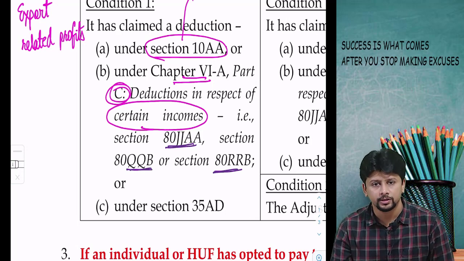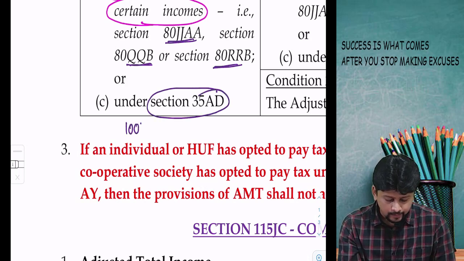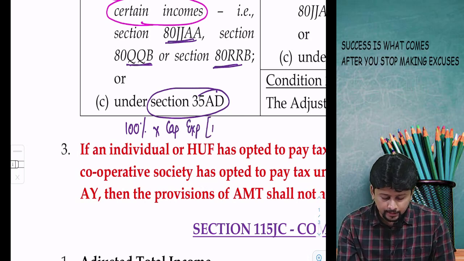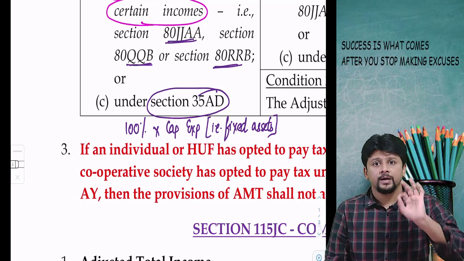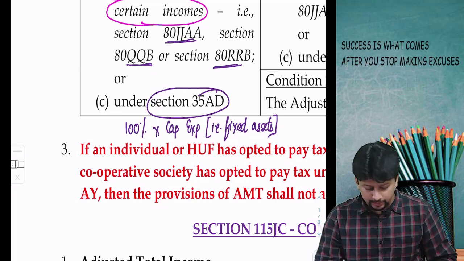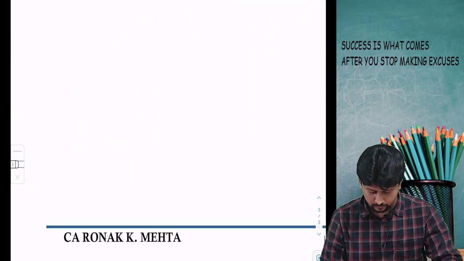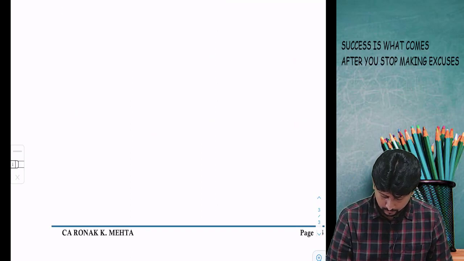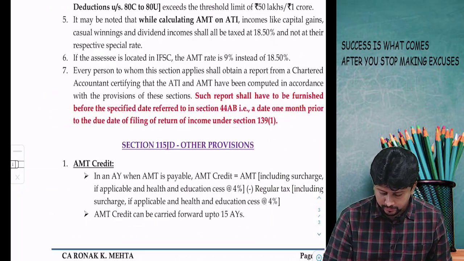You have claimed any one of these deductions, or you have claimed a deduction under section 35AD. 35AD gives you 100% deduction of the capital expenditure that is incurred during the year. In simple terms, 100% deduction of the cost of fixed assets is allowed as a deduction under 35AD. So you are a partnership firm which has claimed a deduction.